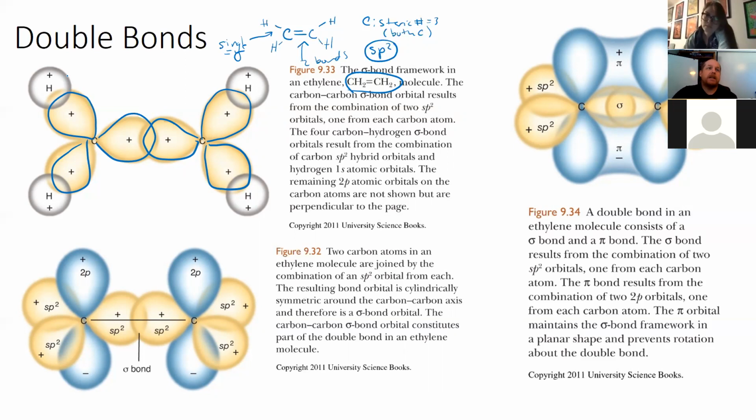Each of the bonds that forms from the overlap of one of the hydrogen's 1s orbitals with an sp2 orbital from the carbon is going to give you a sigma bond. In each of these cases, they're all going to be sigma bonds.